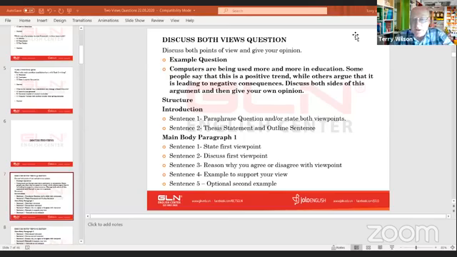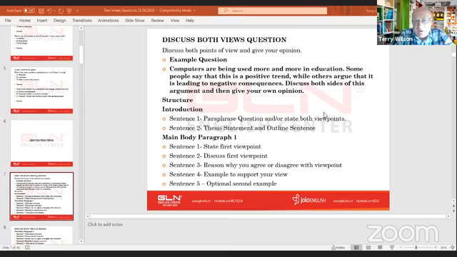So let's look at the structure. So the introduction, like all IELTS essay introductions, should be 2 sentences. The first one is basically the topic by paraphrasing the question. And the second one is your thesis statement, in other words, your opinion.